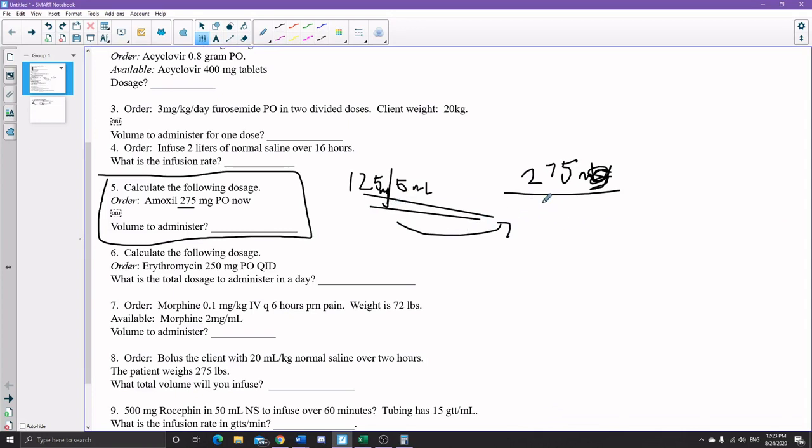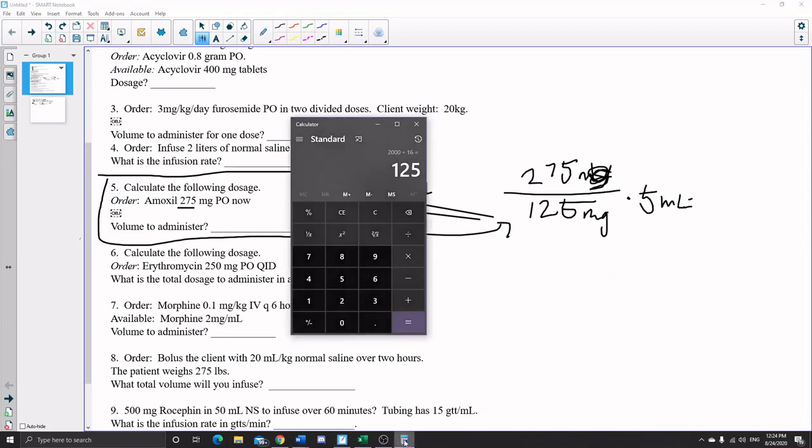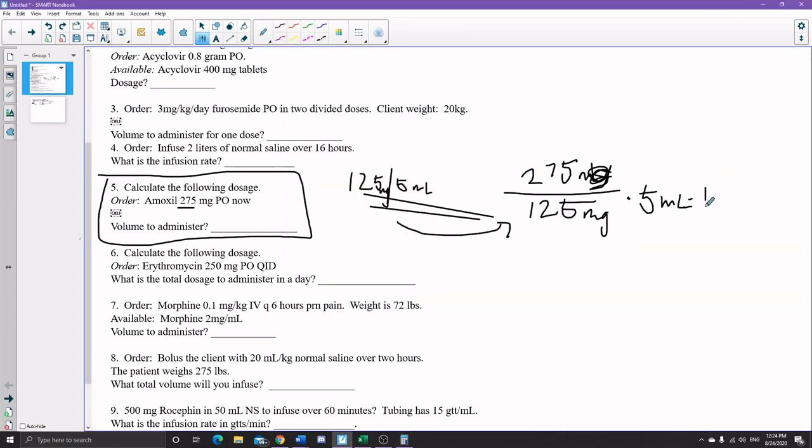I don't even know. Okay, we take that right here, mg, and multiply that by 5 milliliters. Okay, so let's calculate that. 275 divided by 125, and then times 5. I got 11 milliliters.